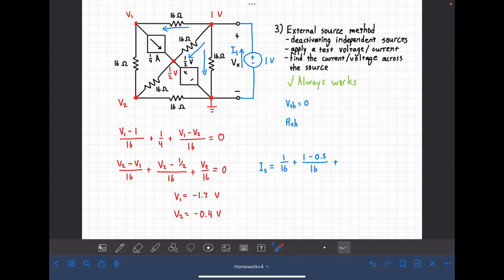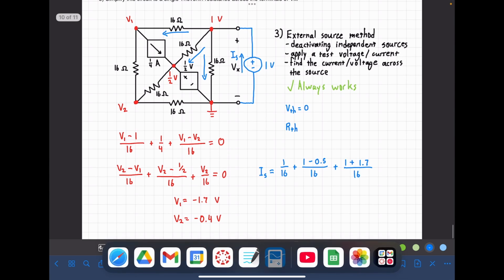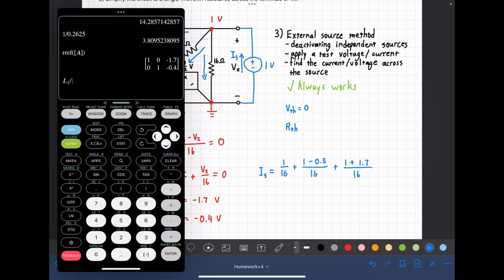And this third current that goes to V1, we have 1 minus negative, so it's plus 1.7 volts over 16. So we add all these together. 1 by 16. And we get 0.2625 amps.